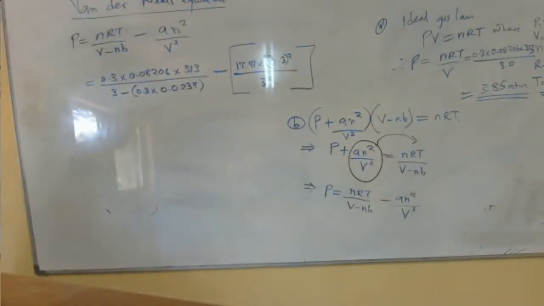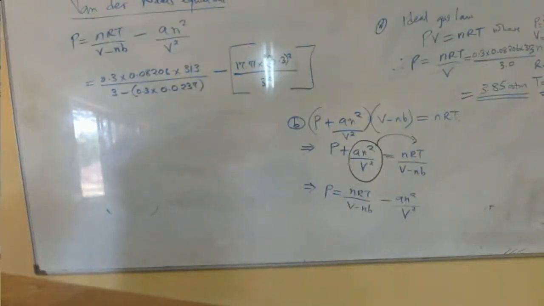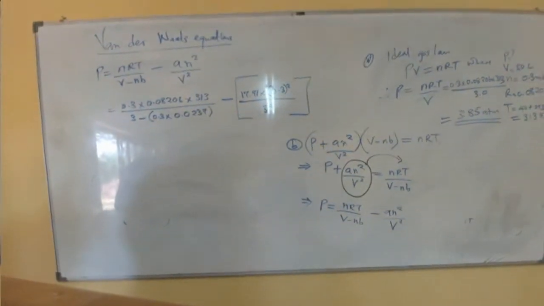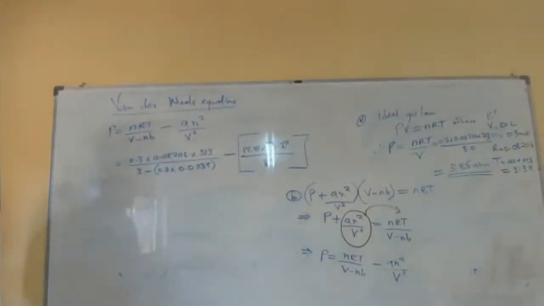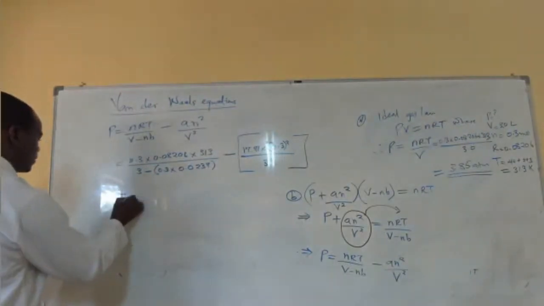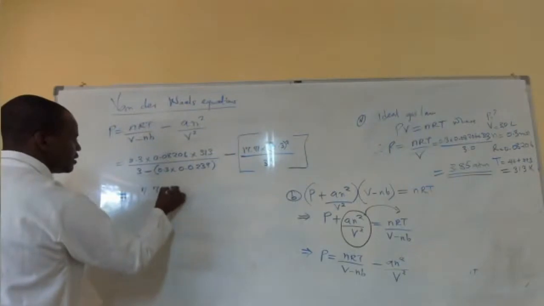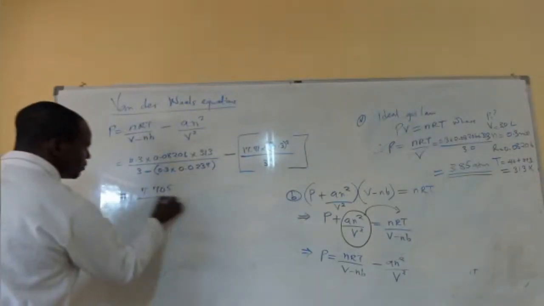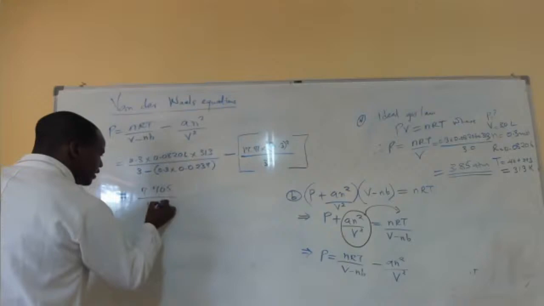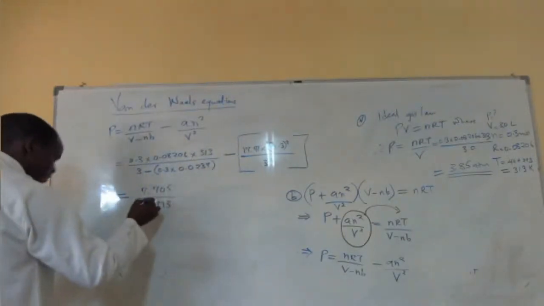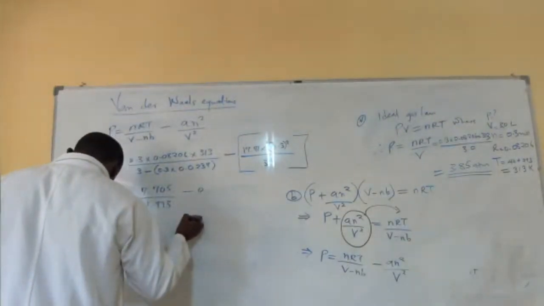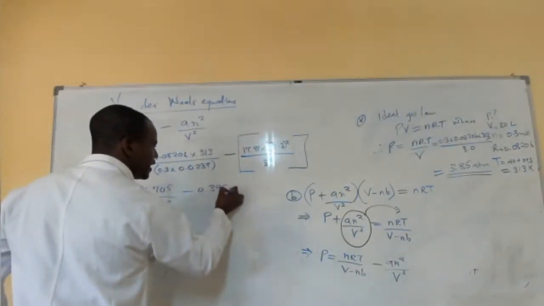simplified. So if you do that, what you're going to get is 7.705 divided by 1.993, minus 0.398.